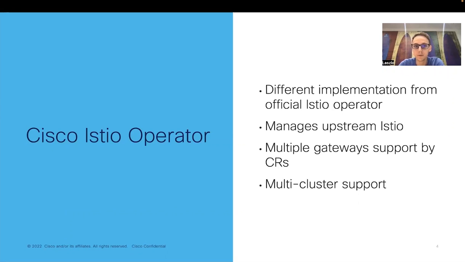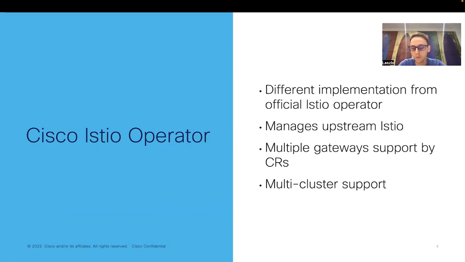We actually started to implement this operator before the Istio 1.0 release. Like in early 2019, it was open sourced already. And at that time, they haven't even started to work on the official Istio operator, actually. So this one existed before the official one.